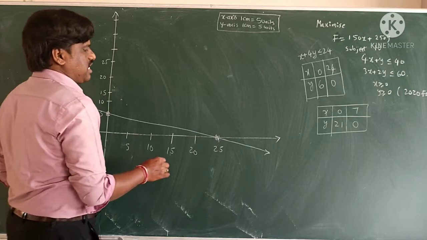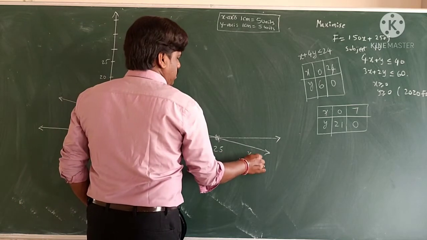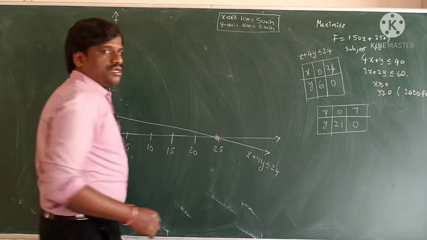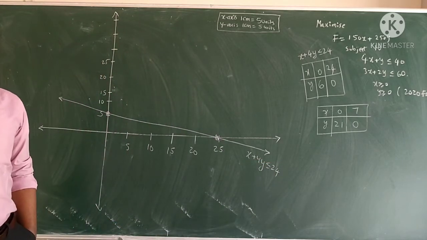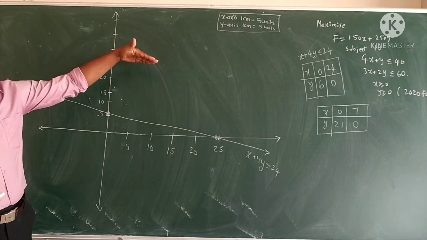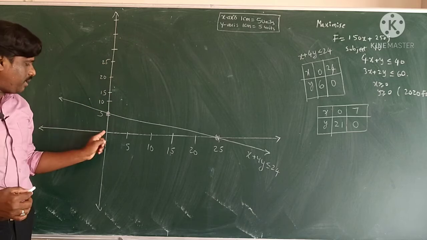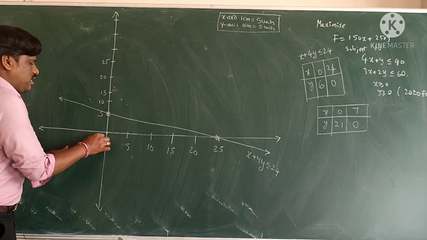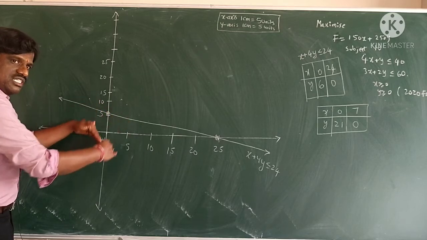What is the name of this line equation? X plus 4y less than or equal to 24. So here the thing is we have to shade this side or this side, that is the mark. Already I substituted the point 0 comma 0, the origin. If you get true, you have to shade the origin side.